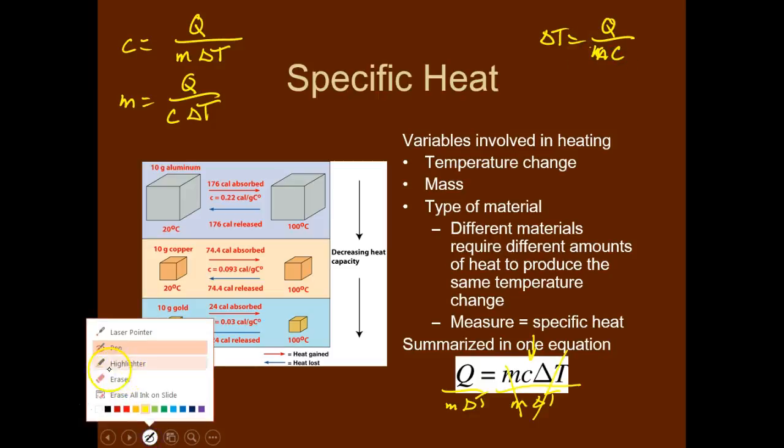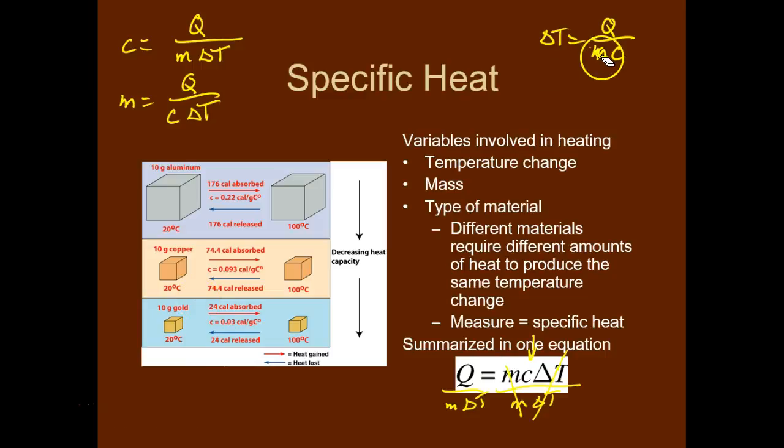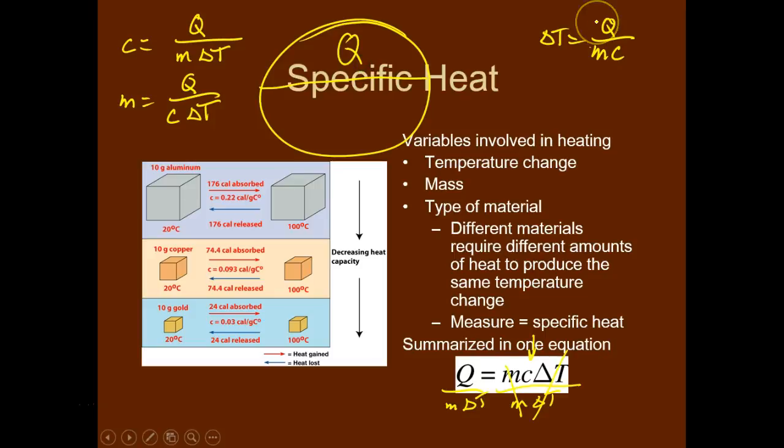Can you put that in the circle equation thing? You kind of can. You just have to be pretty careful. I'll show it to you in just a second. You now have three things on one and one in the other. So if you like the circles, then what you do here, there's your dividing line. Q goes up here because it's always on top, but now you have three multiplications.